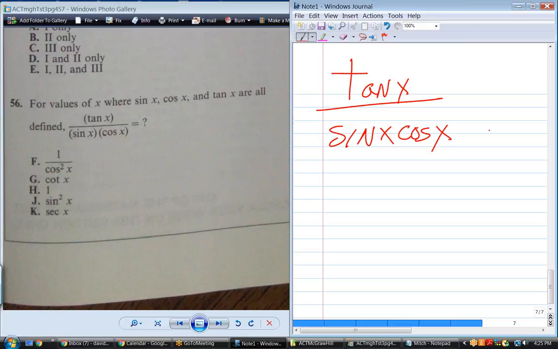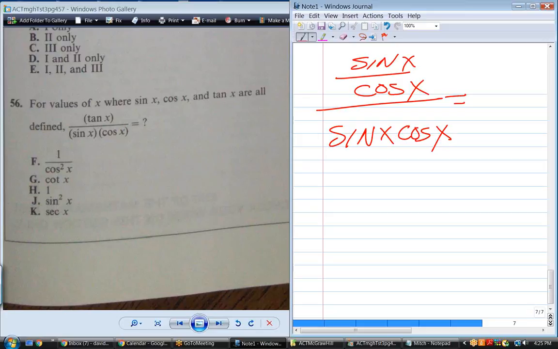Which of these three terms do we want to replace with an identity? Tangent. Okay, replace it with what? Sine over cosine. Now, what is that all equal to? In other words, when we have a fraction in the numerator, and we have just a regular thing in the denominator, what's that convert to?